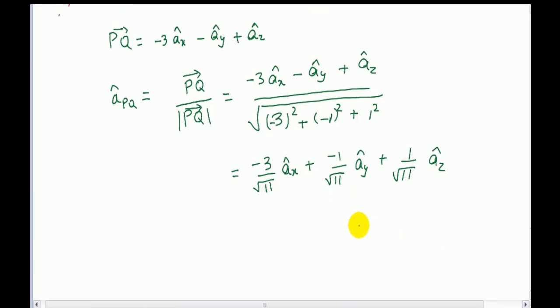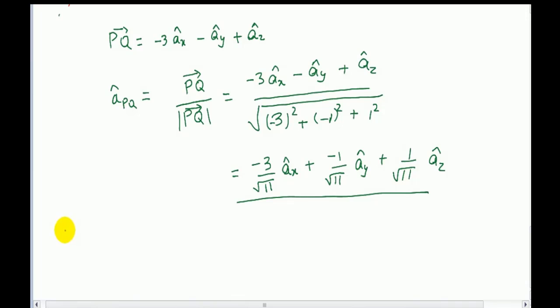Now we want to find a vector which has a magnitude of 5. This vector has a magnitude of 1 because it is a unit vector. So if we want to make the magnitude 5, we will multiply this unit vector by 5.